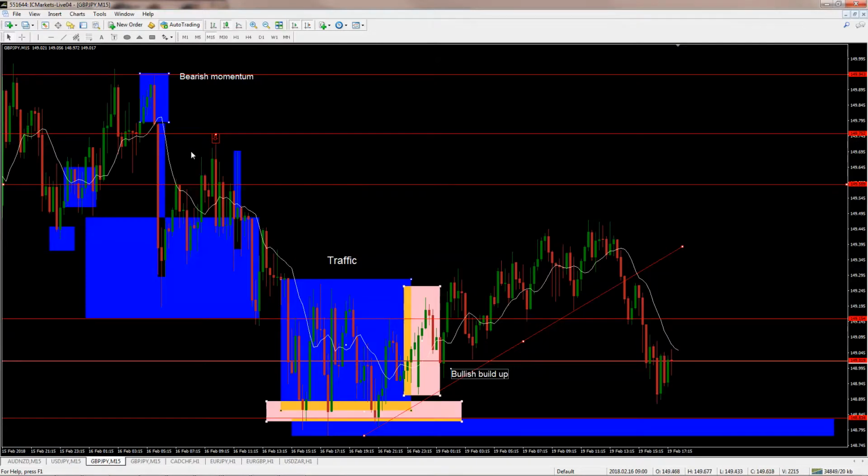As I said, look at your candlesticks. They indicate money coming in, and being a forex trader, money is very important. The more money coming into the market, the more volatility and movement we get.